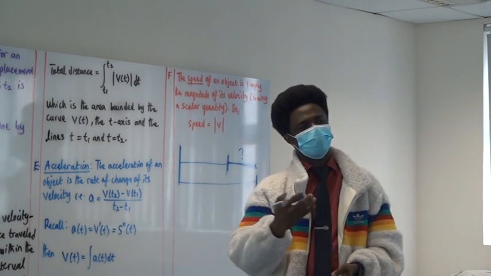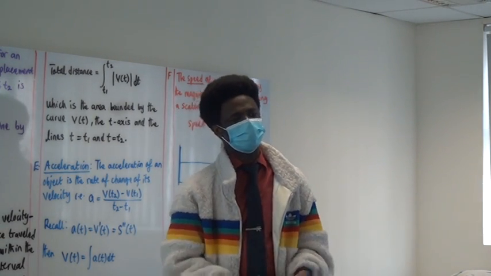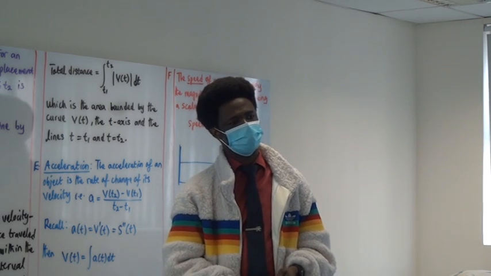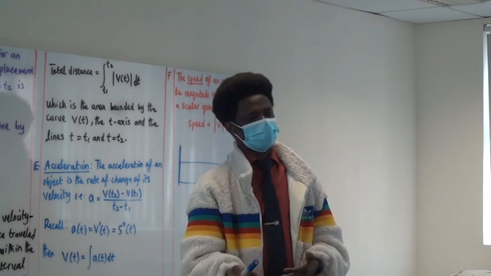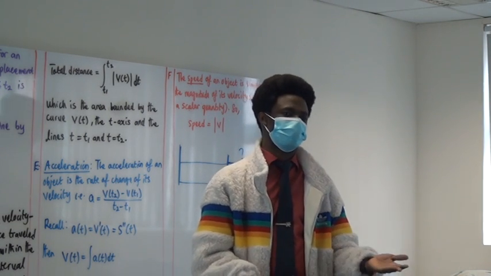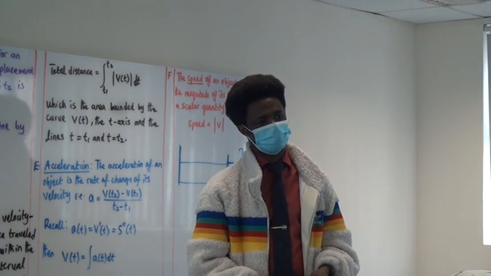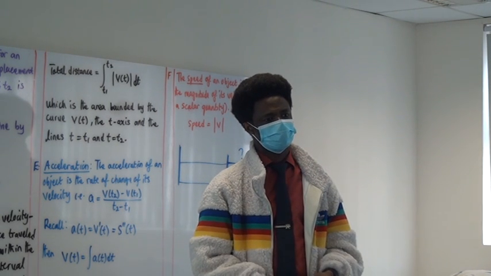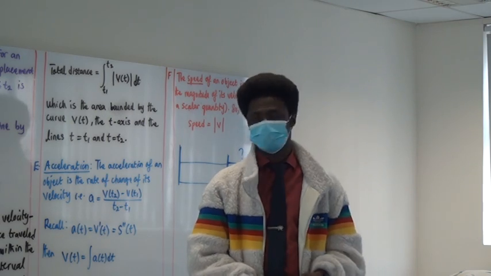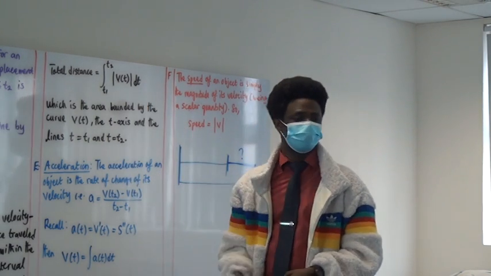So you are not just dealing with the magnitude, you're dealing with direction. I can have it either way. But if I'm talking about distance, displacement and distance are different. One is a scalar quantity, one is a vector quantity. For my distance, I just have to have a scalar value, no direction. So that is why this will not be negative.